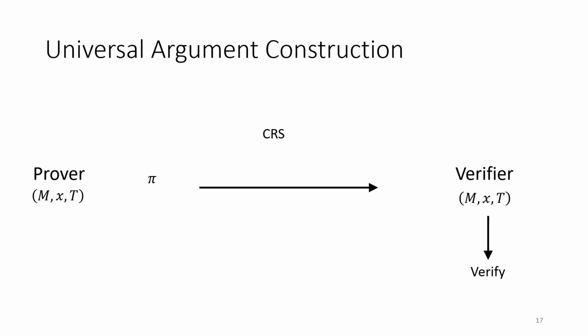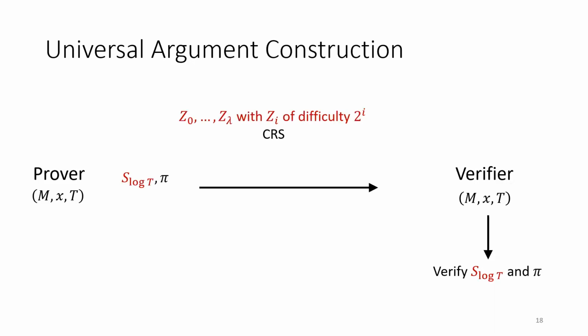So what we do is we add to the CRS lambda puzzle instances of increasing difficulty. The ith puzzle will have difficulty 2 to the power of i. And now the prover will solve the puzzle with difficulty the closest to t. Okay? And a prover that runs in time t can solve this puzzle.